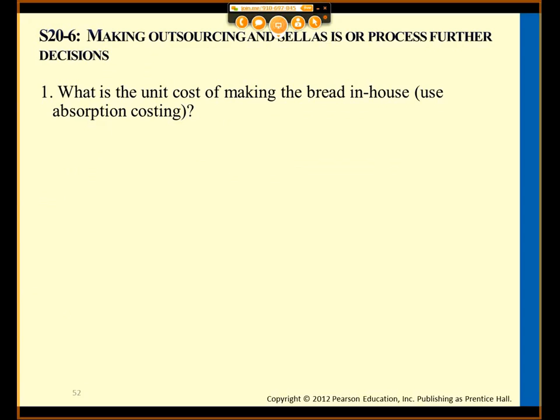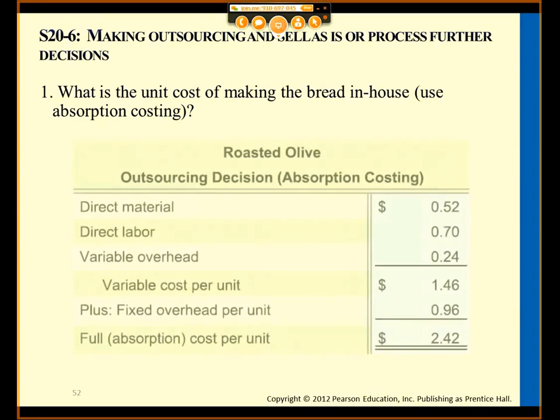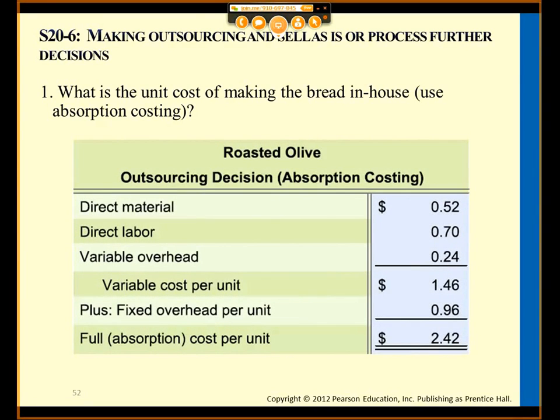You got it right. It's correct. So what you did, you took direct materials, direct labor, and you added all of that to variable overhead, and then you added fixed overhead per unit, and that's how you got your cost per unit. So it's 242.